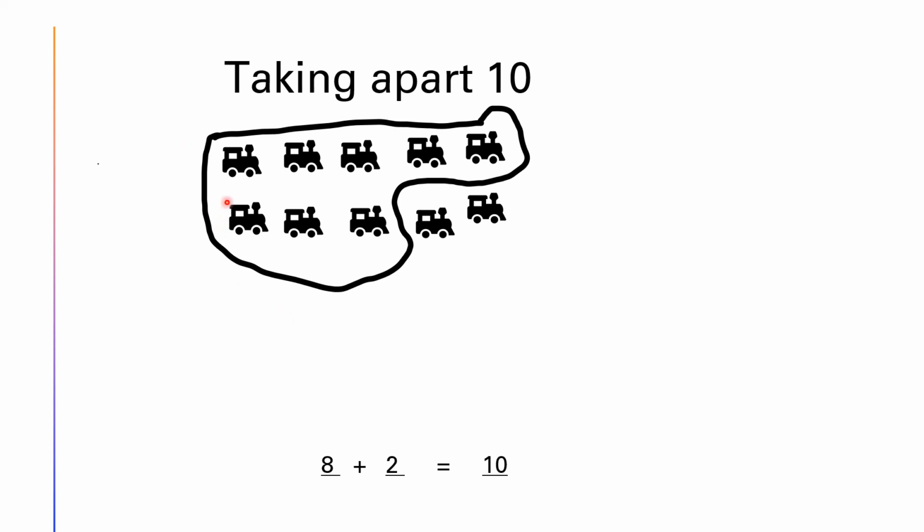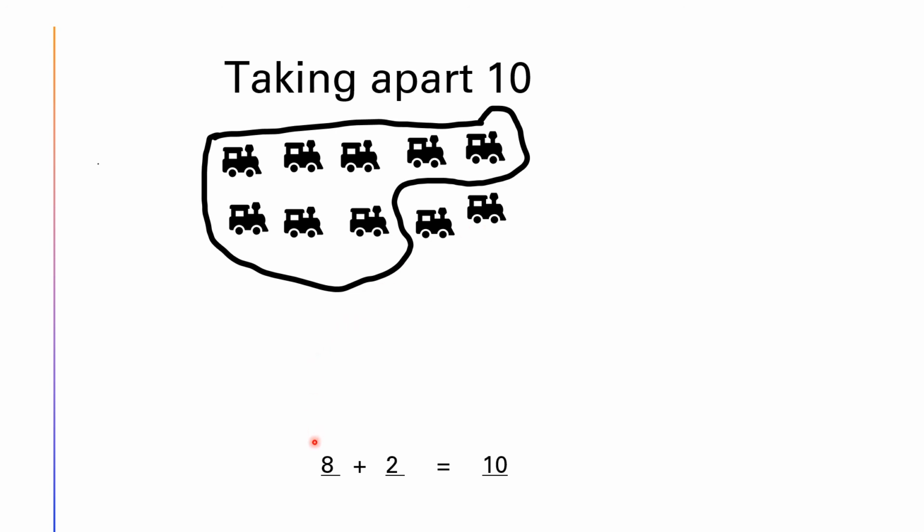Let's count. 1, 2, 3, 4, 5, 6, 7, 8. So we should have circled 8 trains, and how many are outside of the circle? 2. There's our other part.